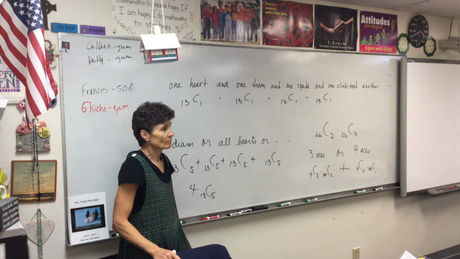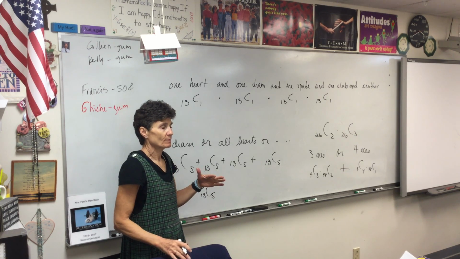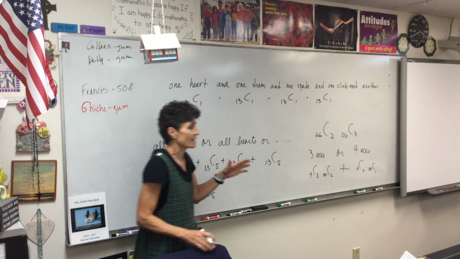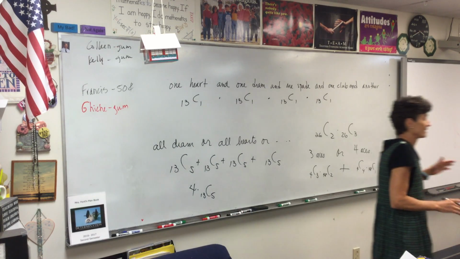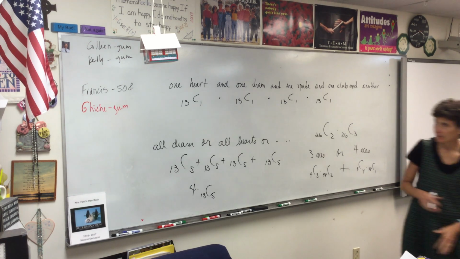Here's the problem with the way I've started this. I have split my deck into 4 piles: diamonds, hearts, clubs, spades. And I said I need 1 out of that pile, 1 out of this pile, and so on. This last card's problematic because I don't know what pile I'm going to. So I want to go back to the beginning.